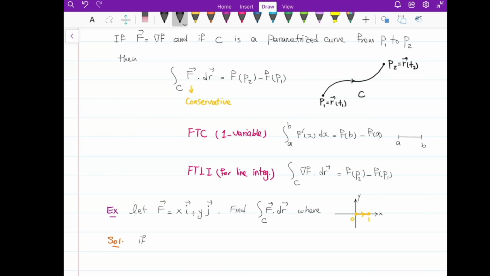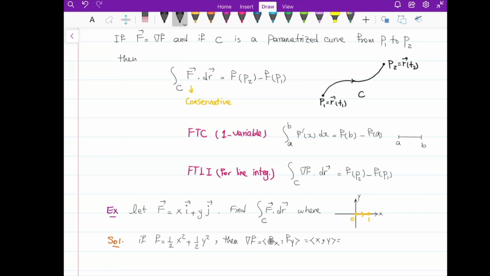Okay, so I can guess that if the function f is 1/2 x squared plus 1/2 y squared, then the gradient of f, which is what? The gradient of a function f would be the partial derivative with respect to x and the partial derivative with respect to y. The partial derivative of this function with respect to x is x, and with respect to y, the partial derivative would be just y.